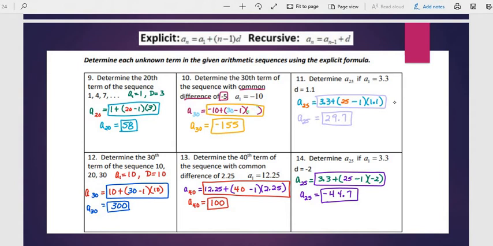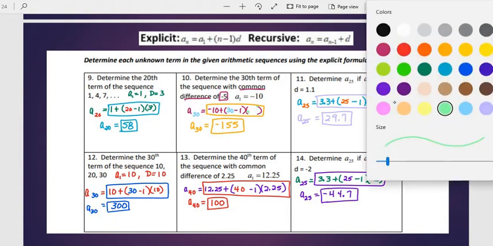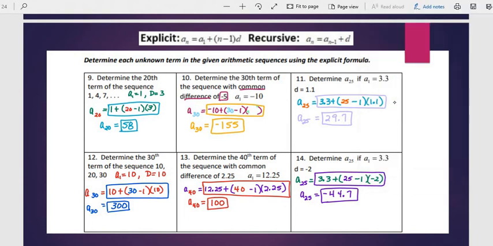So I'm going to turn this into a negative 5. Let me rewrite it, if I could get my pen to go in. So I'm going to put a negative 5.